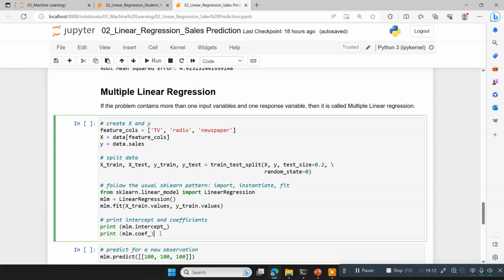So here we have multiple coefficients, meaning coefficient of TV, coefficient of radio, coefficient of newspaper. And here we can write the equation again.